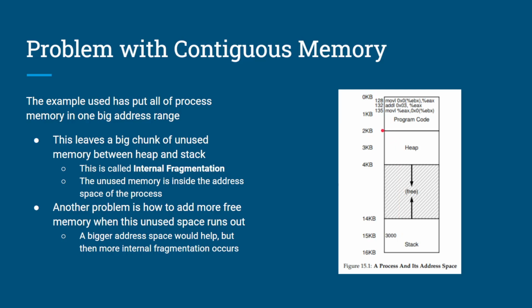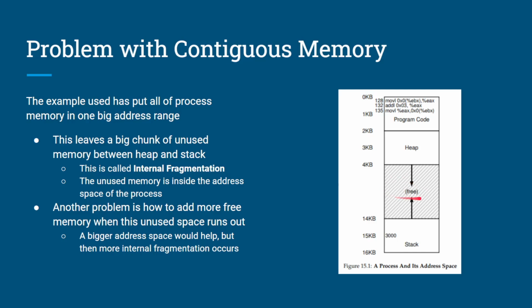But we have a total of 14 kilobytes from the end of program code to the bottom for dynamic memory. This means this free space is a full 10 kilobytes of memory that cannot be used by any other processes. Why can't it be used by another process?